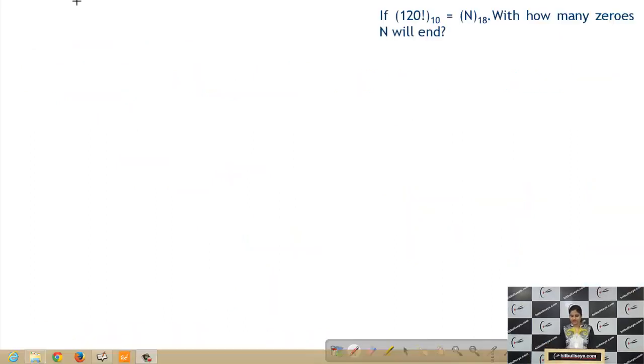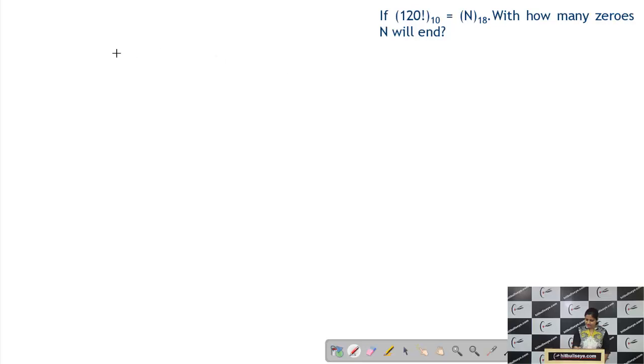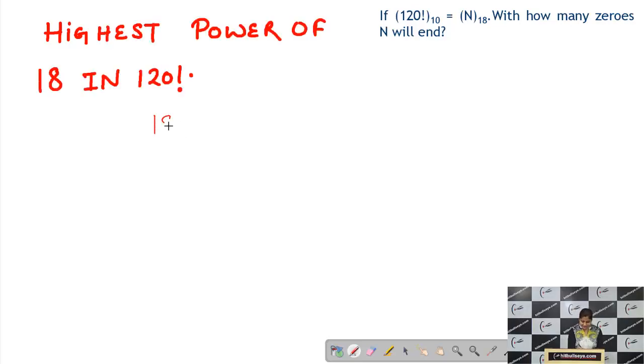Now it was 120 factorial given in base 10 when converted in base 18, with how many zeros it will end. So with the similar logic we can say that we will find highest power of 18 in 120 factorial. Now since 18 can be written as 2 into 3 square and 3 is the bigger prime, that's why we will check the power of 3 only in 120 factorial.